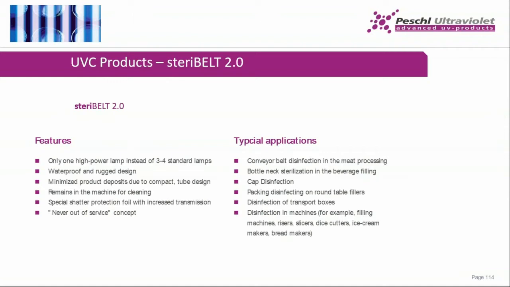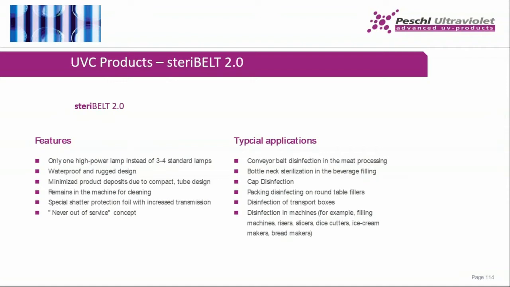This unit doesn't have to be demounted during a water cleaning process. You can leave it in the machine or on the conveyor, and it's not a problem during a wet cleaning process. And to inform you, the Steribelt unit is not instead of a wet cleaning. It is a disinfection process during the working process and minimizes the high risk of cross-contamination.